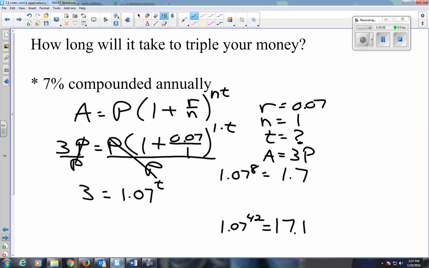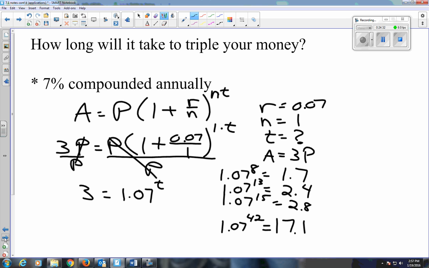I like that guess better. Okay, 1.07 raised to the 13. I say 15. Okay, 2.4. So let's try 15. That's 2.8, so we're pretty close.